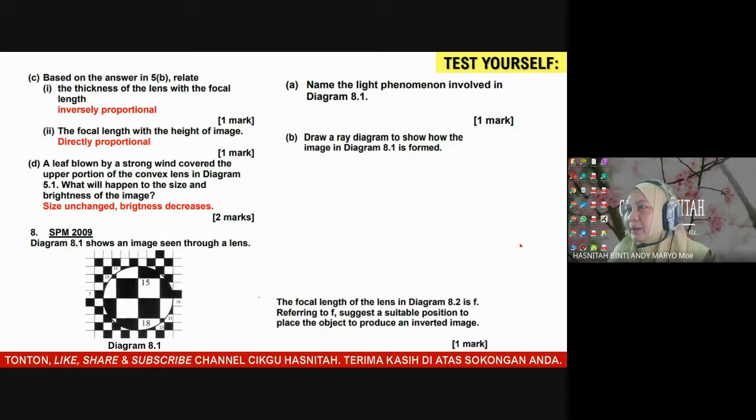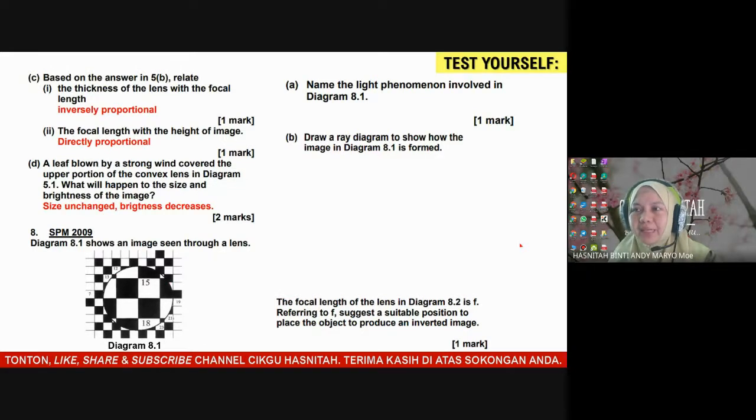Question number 8 is an SPM 2009 question, and it is also in your formative practice 6.3 in your textbook, page 258. Diagram 8.1 shows an image seen through a lens. This is the lens and this is a checkerboard.